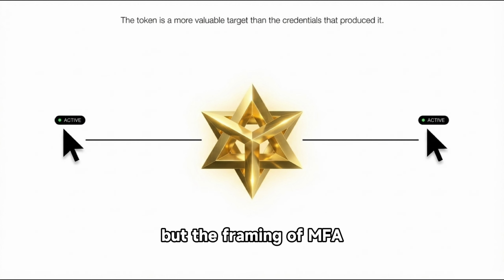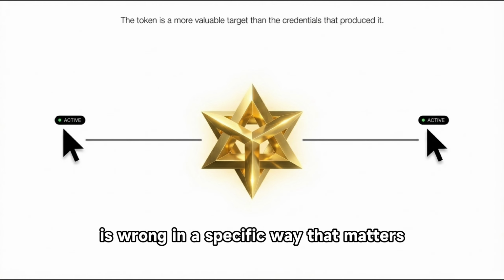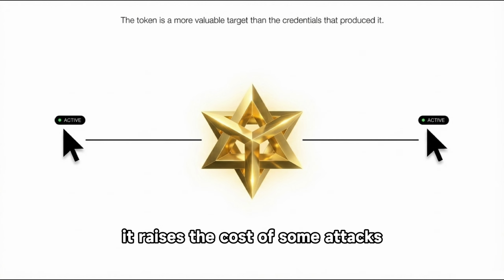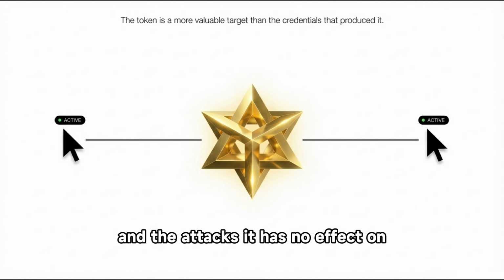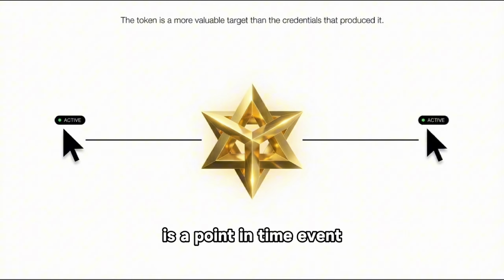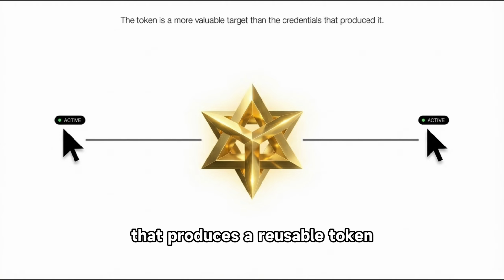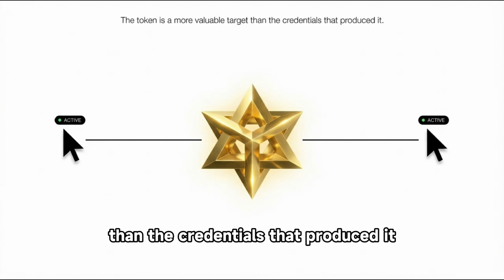But the framing of MFA as a solution to the verification problem is wrong in a specific way that matters. It raises the cost of some attacks. It has no effect on others. And the attacks it has no effect on are the ones that understand verification is a point-in-time event that produces a reusable token, and that the token is a more valuable target than the credentials that produced it.